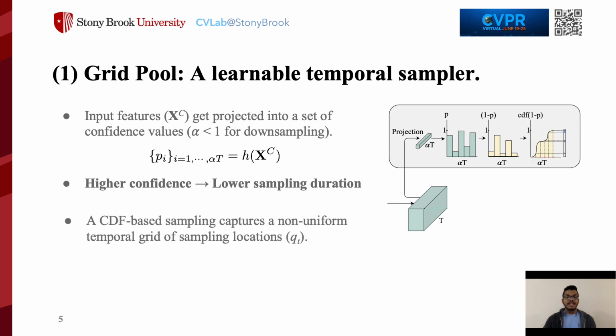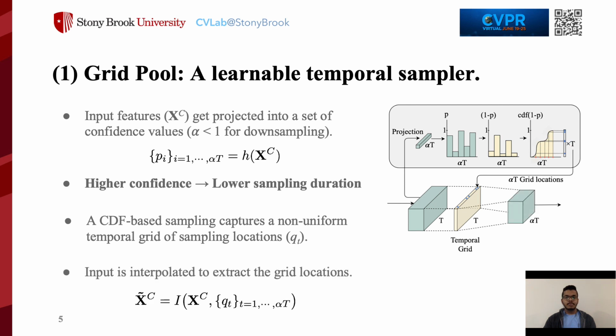We use this idea and select non-uniform sampling locations from the corresponding CDF. Using these locations as a temporal grid, we resample the input through interpolation to select important frame locations. This process is differentiable and hence end-to-end trainable with backpropagation.